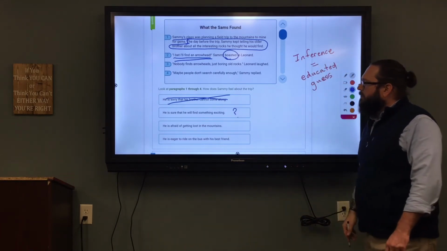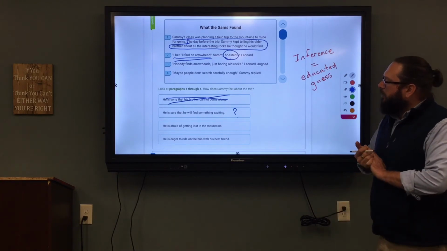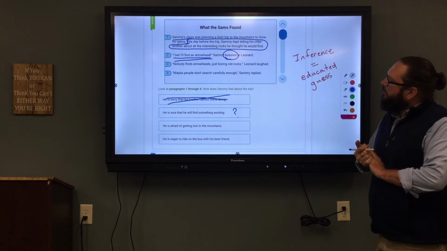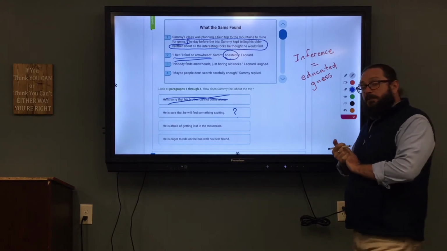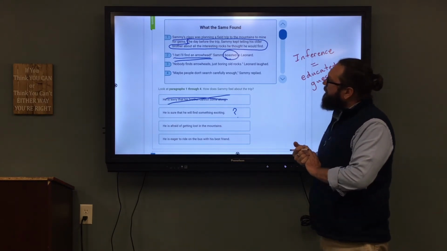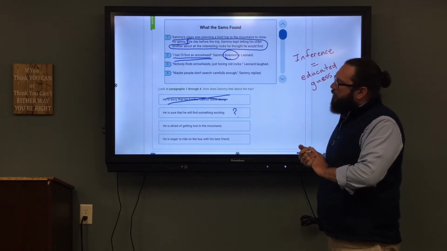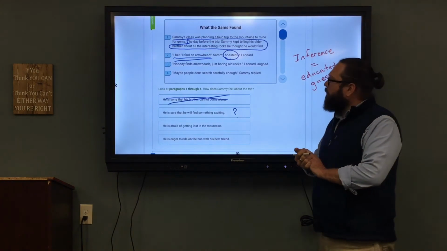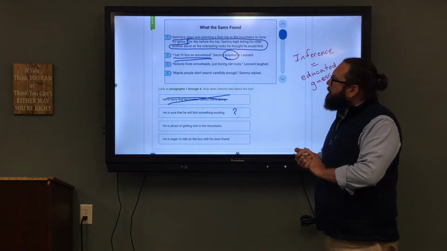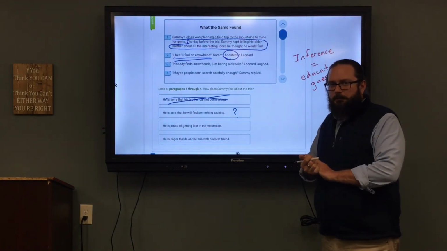Next, he is afraid of getting lost in the mountains. Well, he's excited about the possibility of finding an arrowhead. Not only that, when Leonard says nobody finds that, they only find boring old rocks, he says maybe people don't search carefully enough.